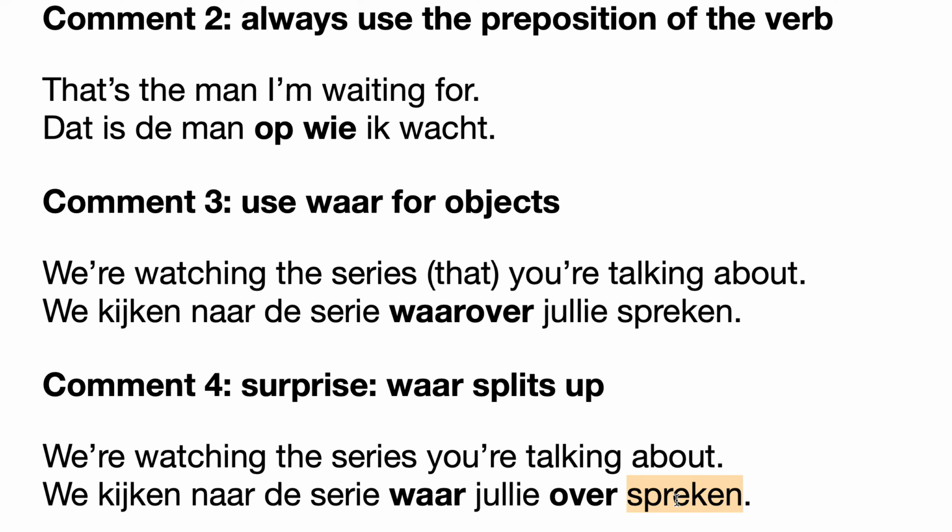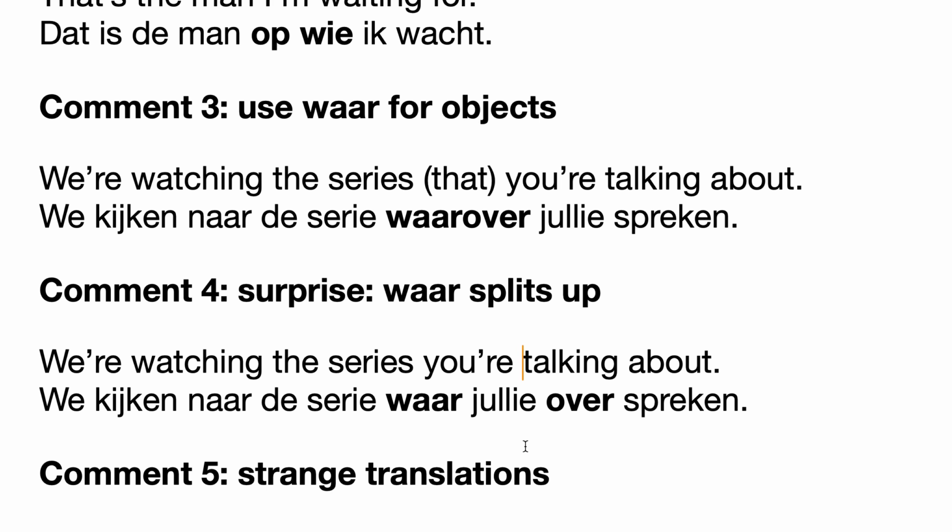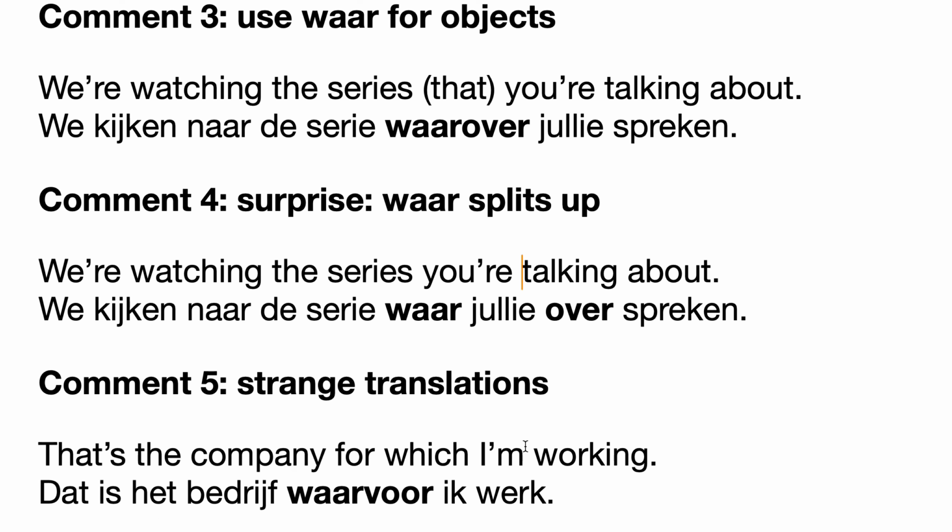If you're into Dutch word order, you will know that in a subclause in the second sentence the verbs go at the end. So this precedes the rule of this over going at the end. Spreken is a verb, so it goes at the end. All right. Good. Comment number 5.